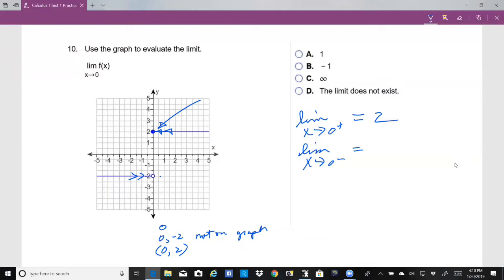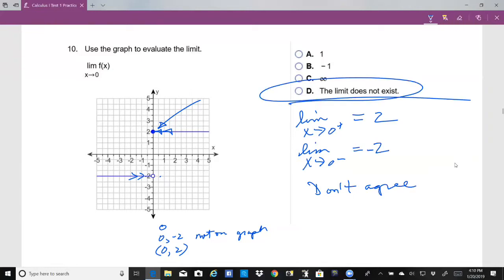Y gets closer and closer to minus 2. So the limit from the left is minus 2. The limit from the right is 2. Since they don't agree, the limit does not exist.